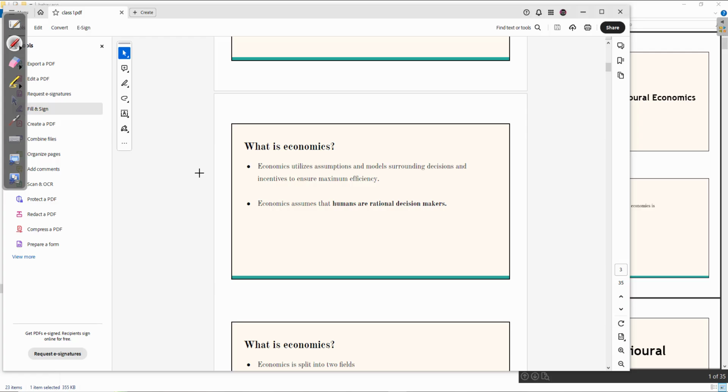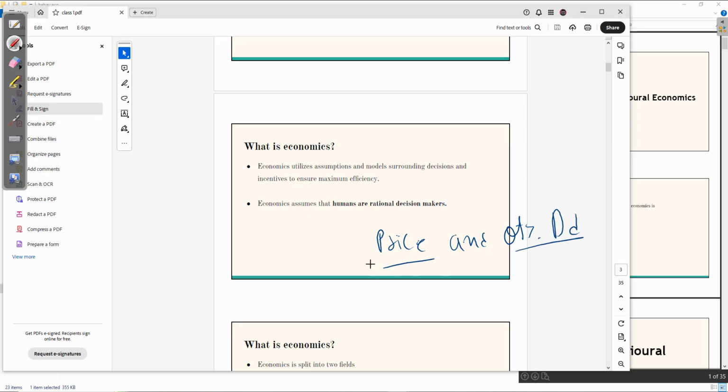Now again, ceteris paribus means that all other factors are constant. For example, when we talk about the law of demand, what is the law of demand? The law of demand relates the price of the good with the quantity demanded of that good. So when we talk about this relationship, there is price and quantity demanded.